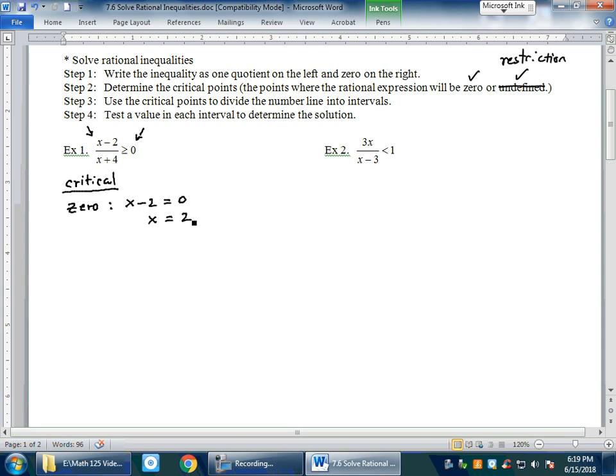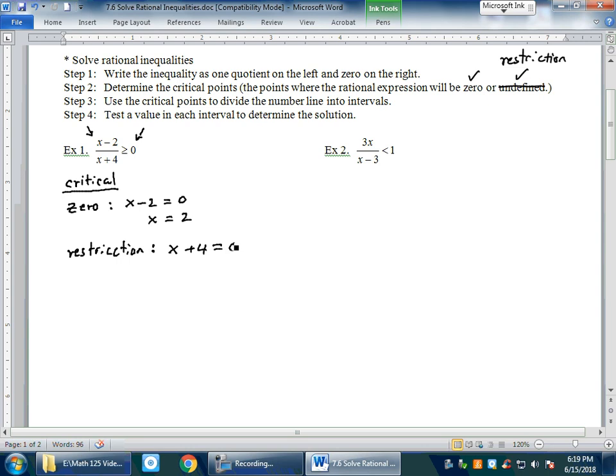And then we need to find the restriction. The restriction is the x value that makes the denominator 0, so the whole fraction becomes undefined. So that is associated with the denominator part.